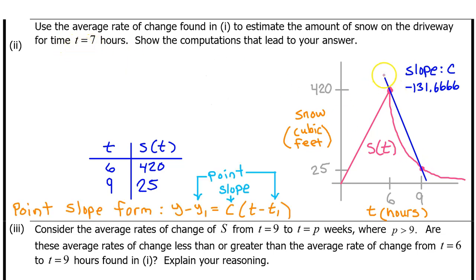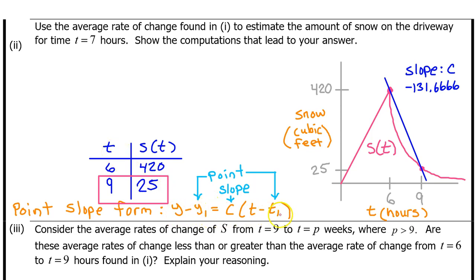We can write the equation of the secant line in point-slope form as long as we have a point, which will go here, and the slope, which will go here. For the point, we can use either of the input-output pairs that we used to calculate the average rate of change. The slope is the average rate of change itself that we called c. I'm going to use 9, 25, but you would get the same answer if you used 6, 420.